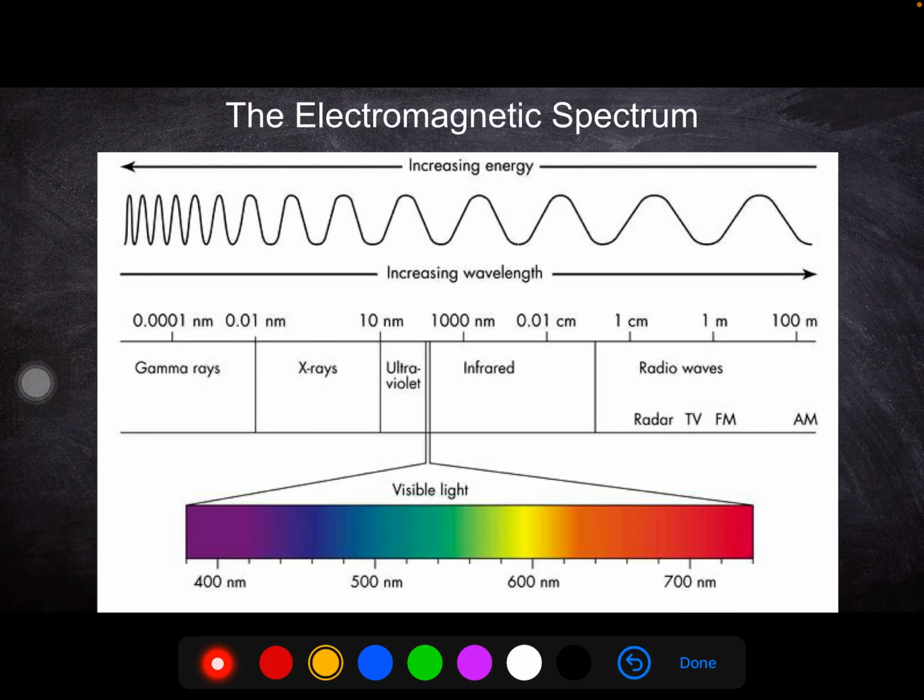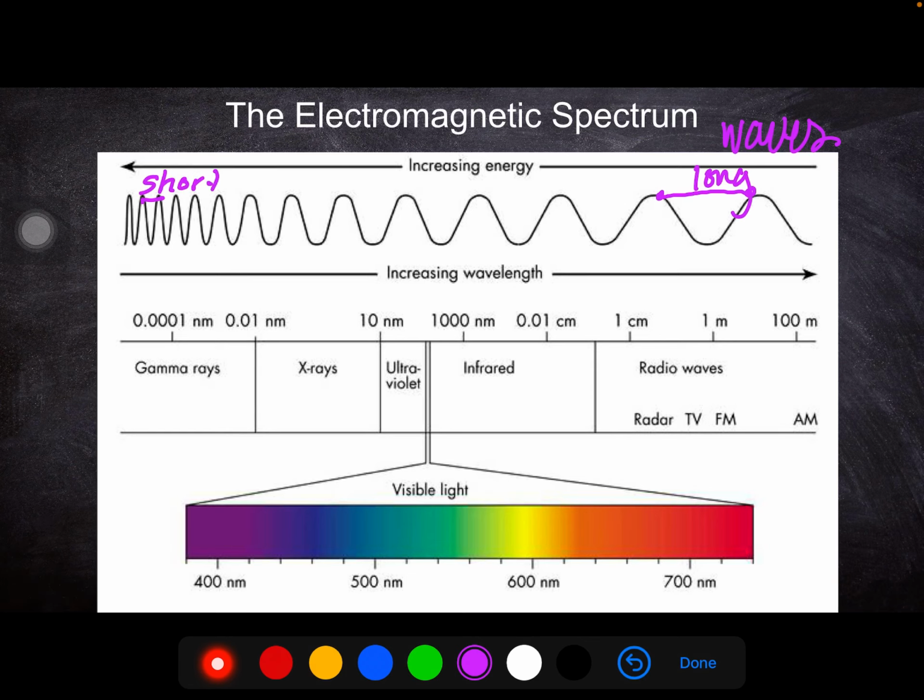And this whole thing starts out with the idea of energy traveling through space in the form of waves. There's lots of different energy traveling through space, and depending on the energy's strength, it has a varied wavelength. Here is the visual of long wavelengths, and here we have the visual of short wavelengths.